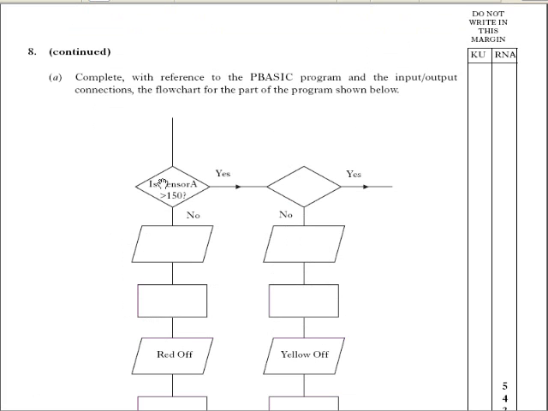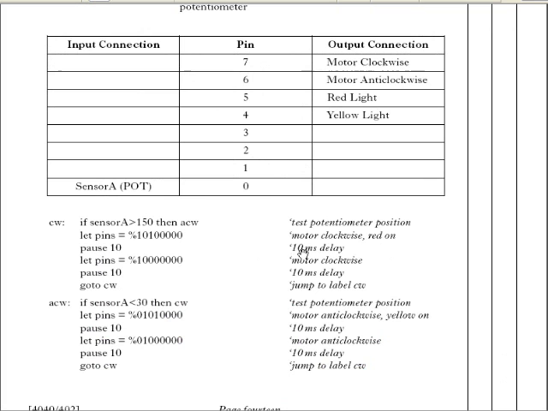So when you go, is sensor A bigger than 150? Yes. Is it less than 30? If the answer is no, then it comes down here and does the anti-clockwise procedure. If it's yes, it loops back up to that one. So this will be the clockwise one, and this is the anti-clockwise one.